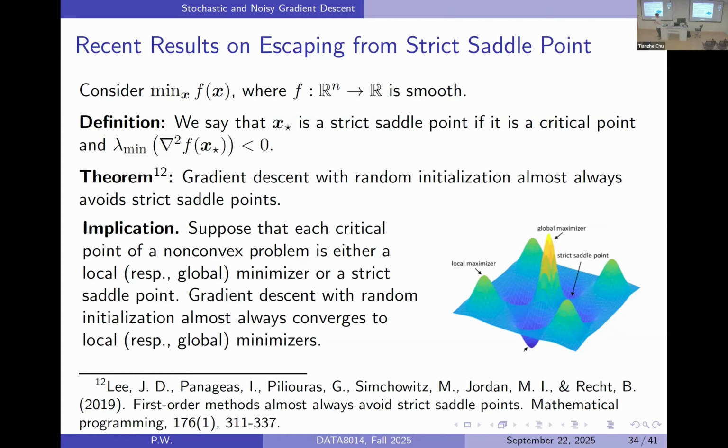What are the implications? Say you have an optimization problem whose landscape has some global maximizer, local maximizer, and strict saddles. If the problem only consists of strict saddle points and local or global minimizers, then gradient descent with random initialization almost always converges to a local or global minimizer.